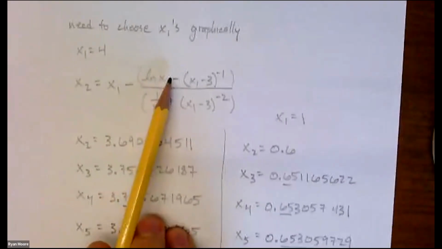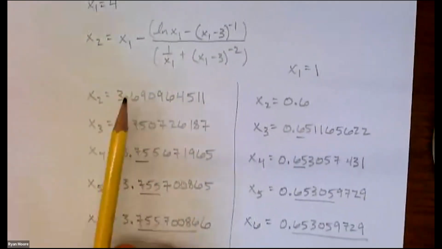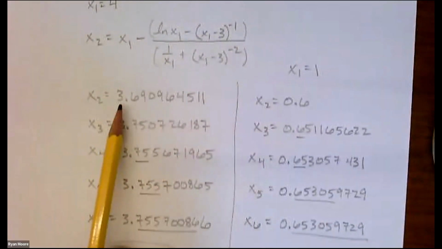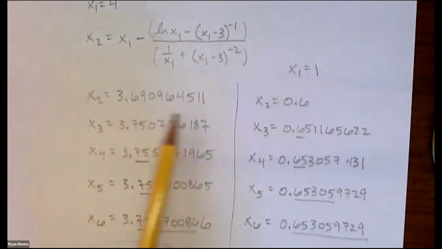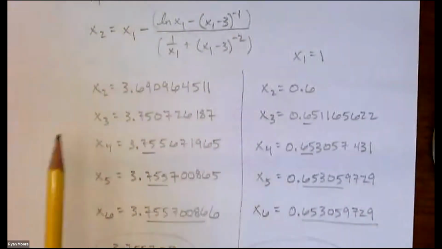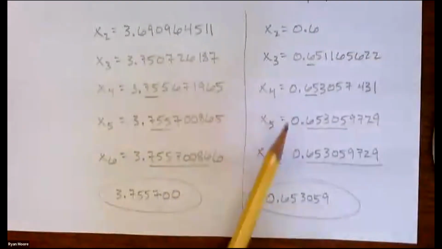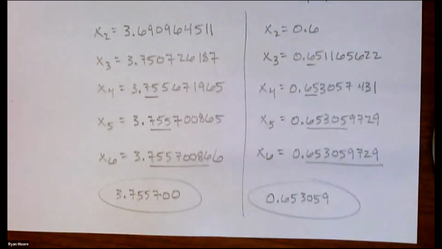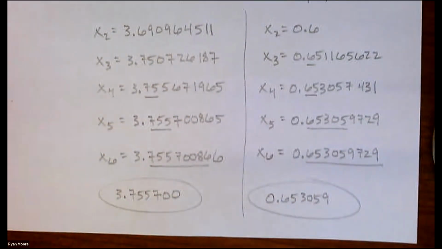If you pick something that's off, or if you're typing it in wrong, these numbers will just be changing wildly. They'll get really big, really small, hopping around all over the place, and they won't be zeroing in the way our values of X zeroed in on both of these values. So be aware of that.